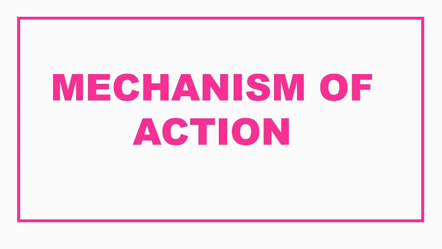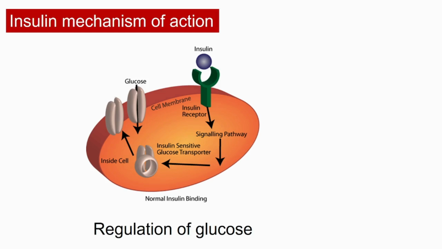Here, let's look at the insulin mechanism of action. How does insulin help? Insulin binds to the insulin receptors, which are present on the cell membrane. Insulin receptors are tyrosine kinase family receptors.